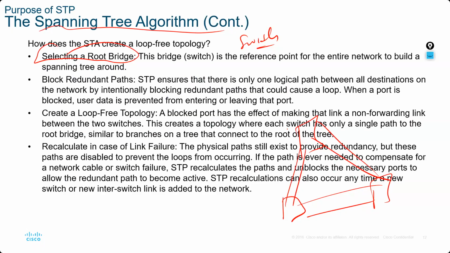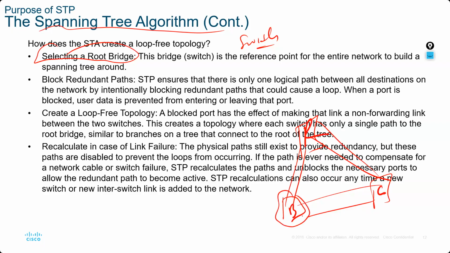So when you select the root bridge, what do you now do with it? All the switches that lost the election need to find a way to reach the root bridge. If this is the root bridge, for instance, and this is switch B and this one is switch C, switch B wants to go to the root bridge.